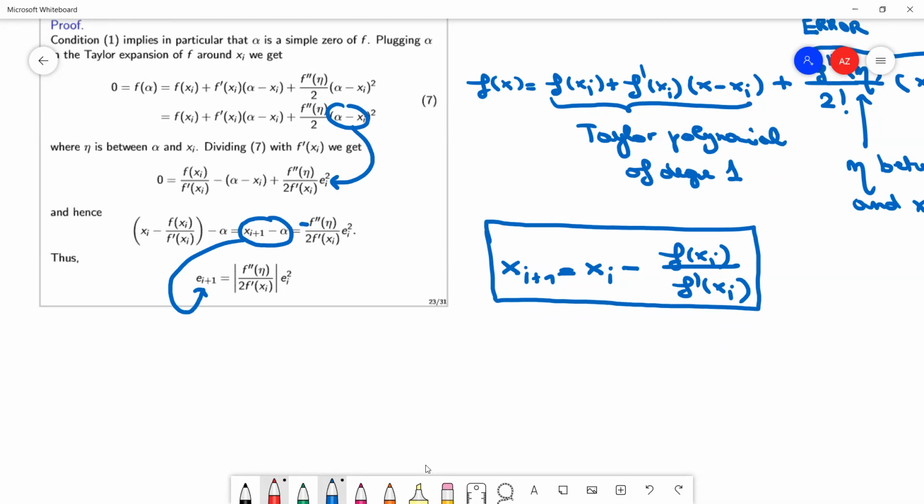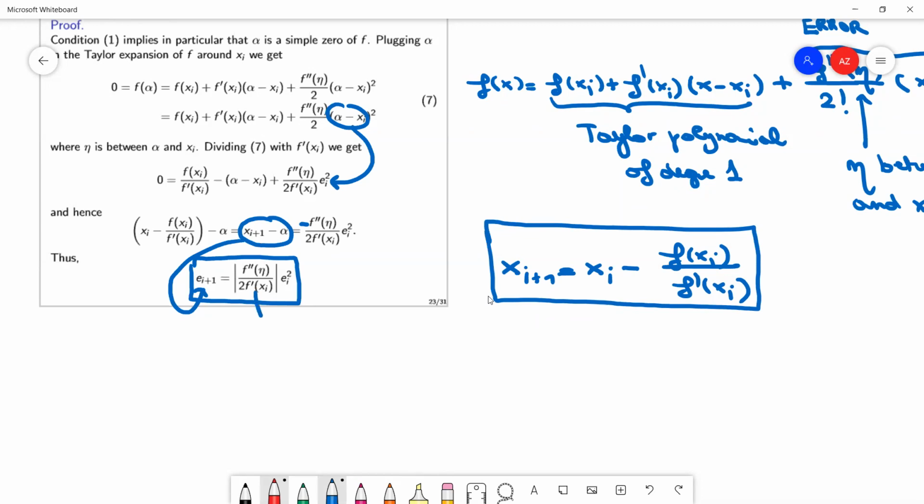And we got this equation: the difference between the zero and the i plus first iterate is the difference between the ith iterate and 0 squared times some constant.